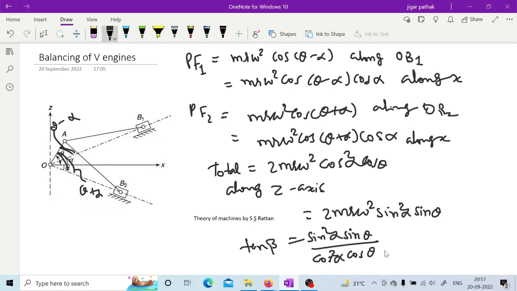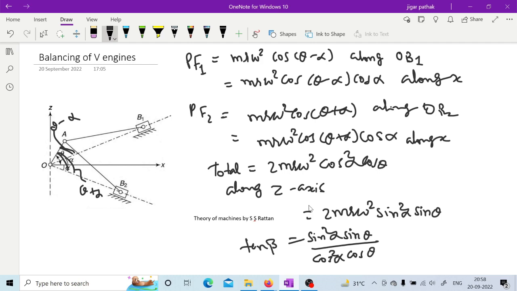So this is all we have considered for primary force. The same you can also do with secondary force. In that, mr omega square by n cos 2 (theta minus alpha) and cos 2 (theta plus alpha) will be there. Again you will take components along the x-axis and z-axis, find the resultant, and find tan beta dash.